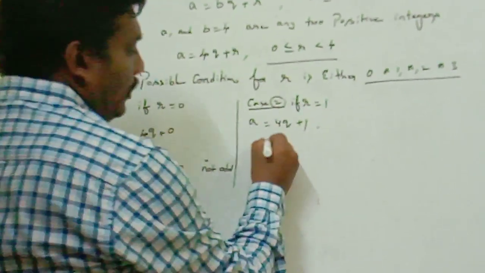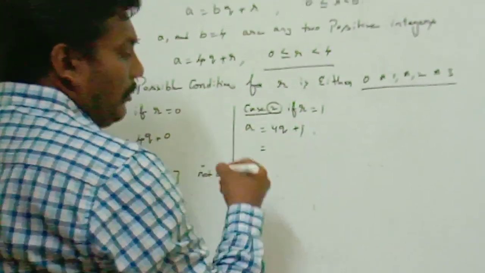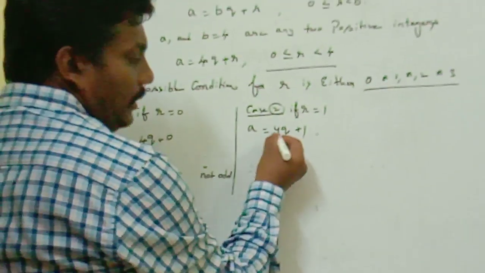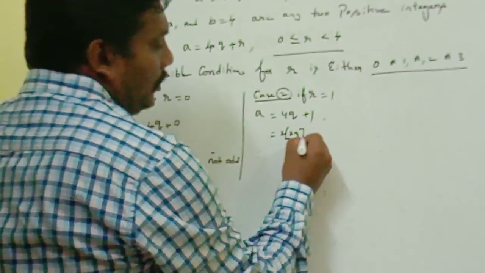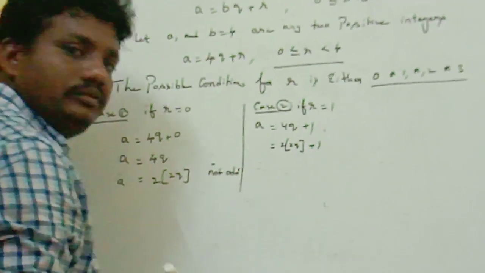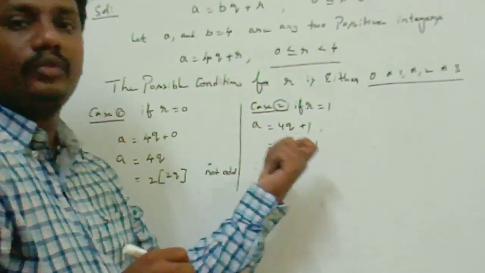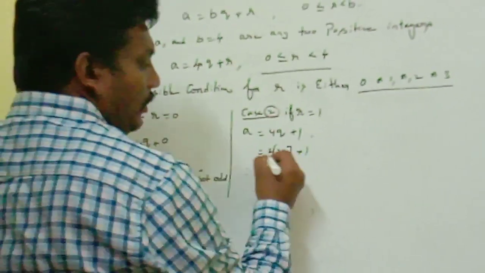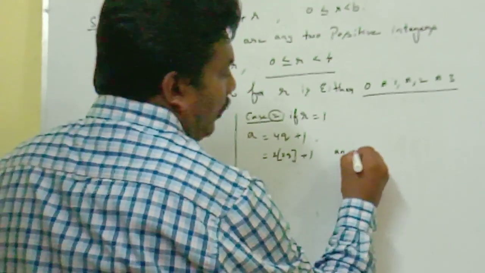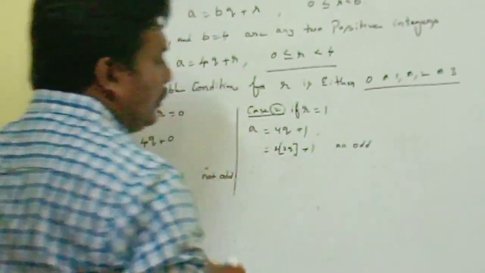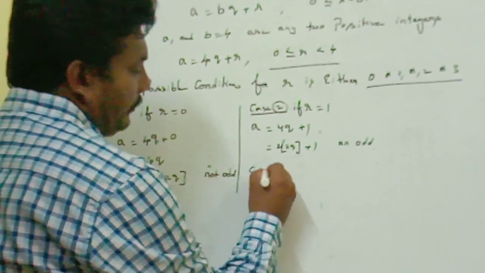Here we could take 2 as common from 4, giving 2 into 2q, but 1 is less than 2, so we should not take 2 as common. So this is an odd number.